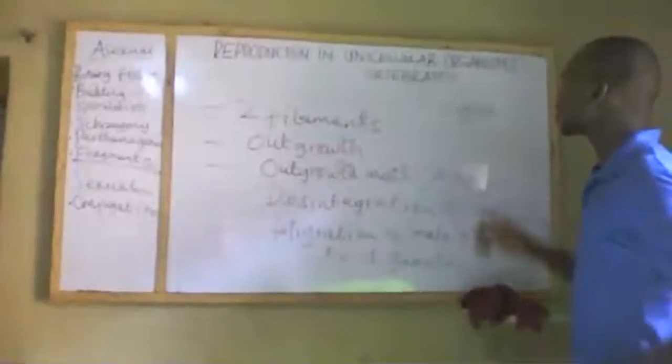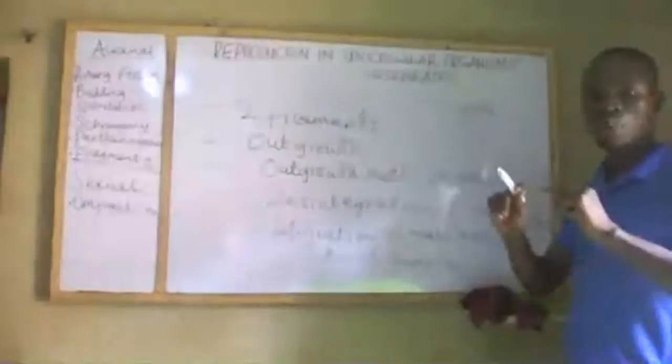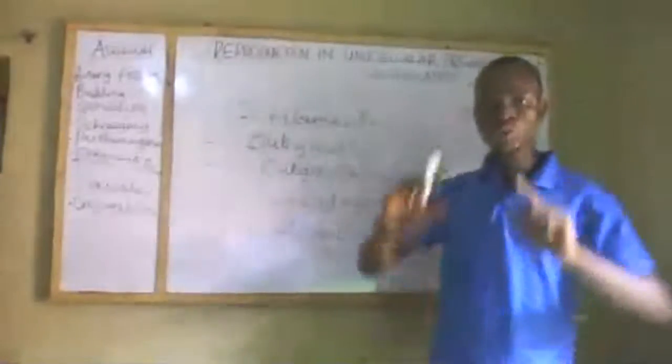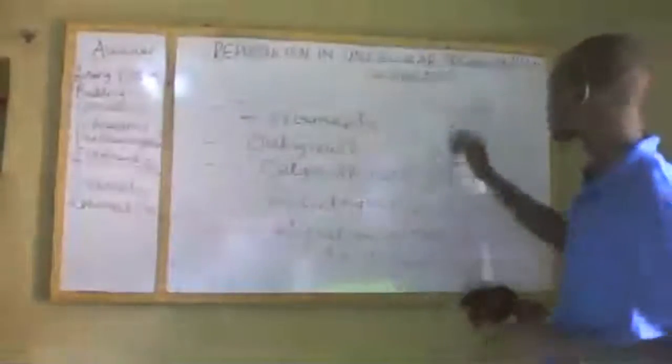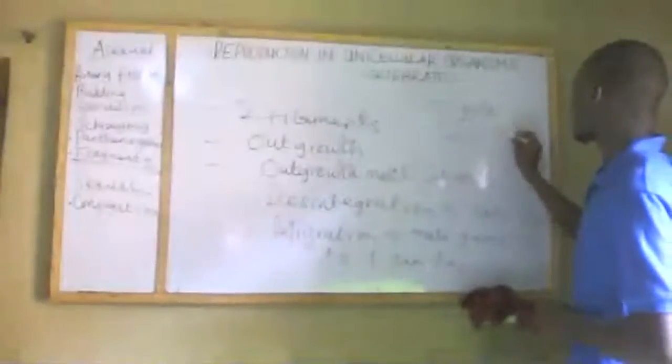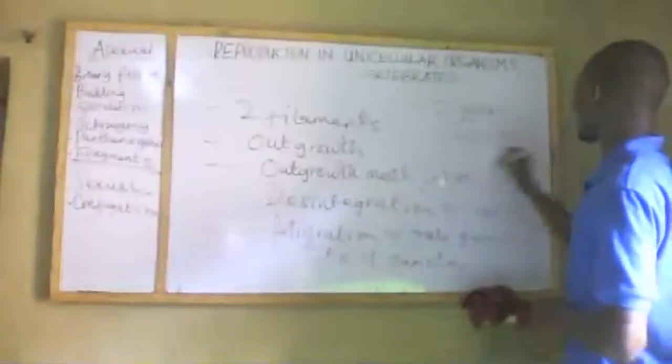After zygote formation, the zygote is going to develop a thick wall to surround itself so that it can survive. So this zygote now becomes a zygospore.